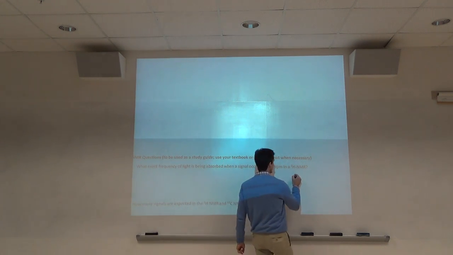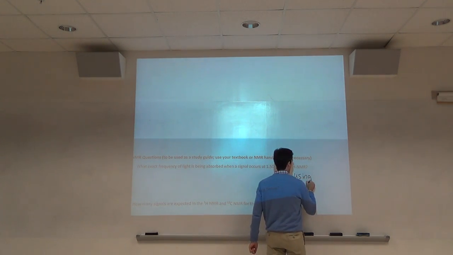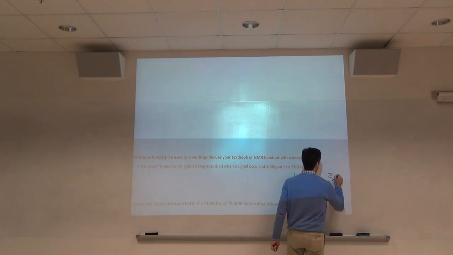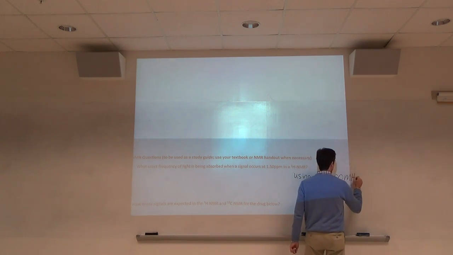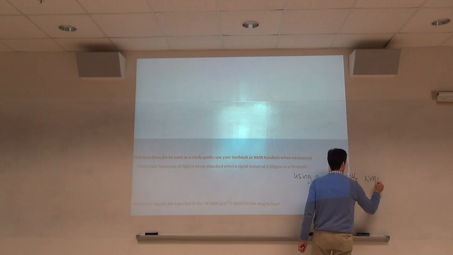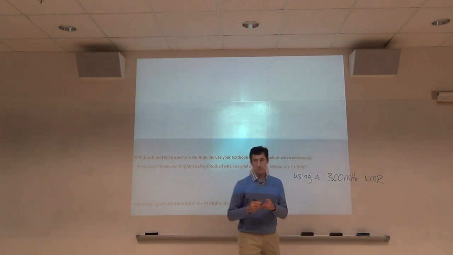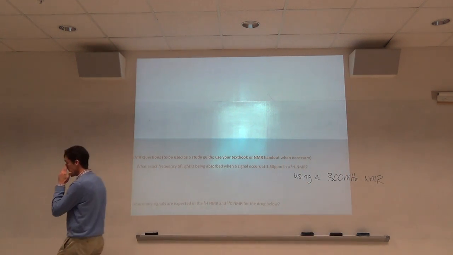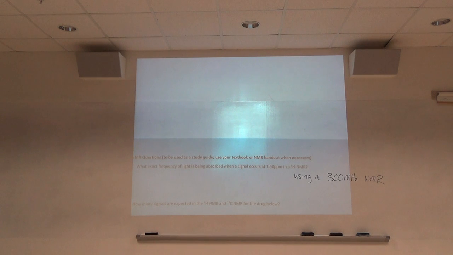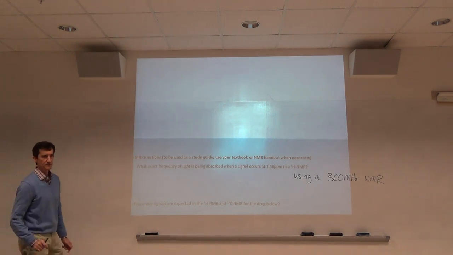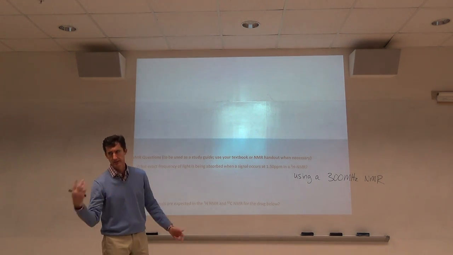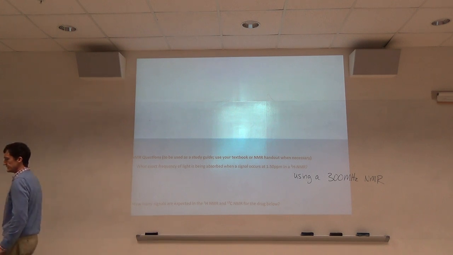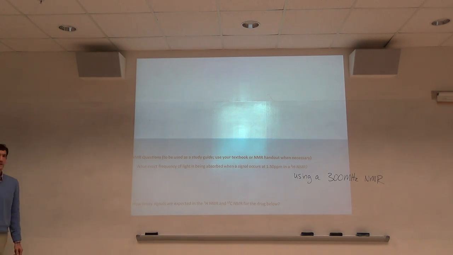Let's say you're using a 300 megahertz NMR. That essentially refers to the strength of the magnet, but that's not in Tesla. That's actually the frequency for the proton signals.